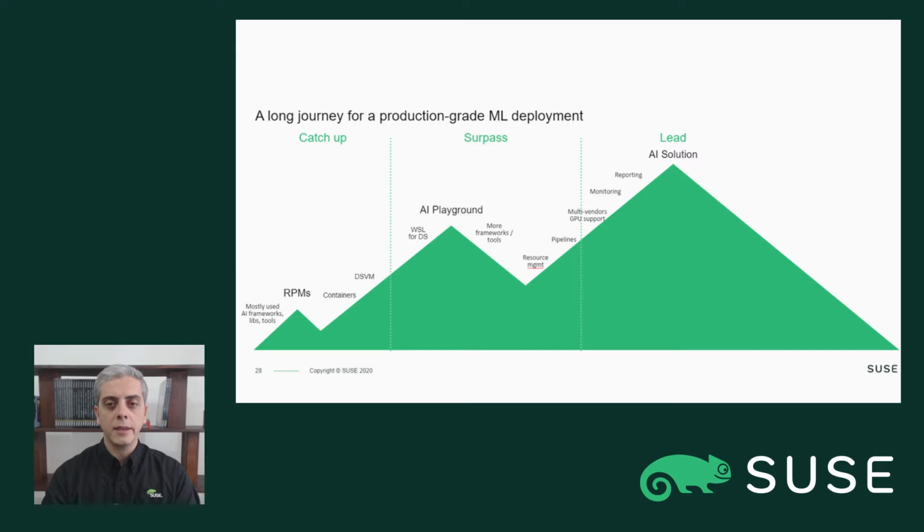Still early days, but it would be awesome when that is ready to have a WSL image which can offer exactly the same tools, libraries, frameworks, and the same user experience that we currently have today on our Linux distribution. This last deliverable would really bring us to the second peak, which is our second milestone.